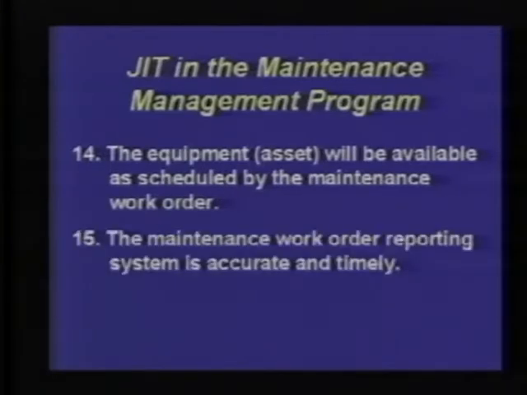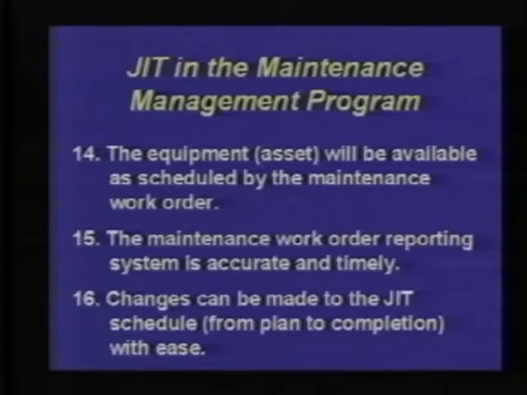Item 15, the maintenance work order reporting system is accurate and timely, which means I'm getting my observations and findings and recommendations for operating improvement from my craft personnel. And 16, changes can be made to the JIT schedule from plan to completion with ease. In other words, there's no critical issues involved.